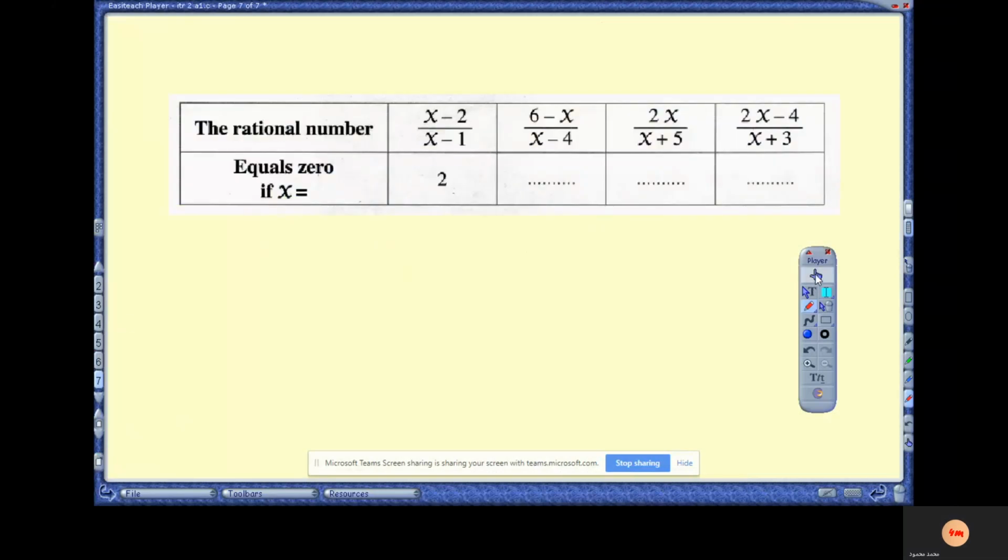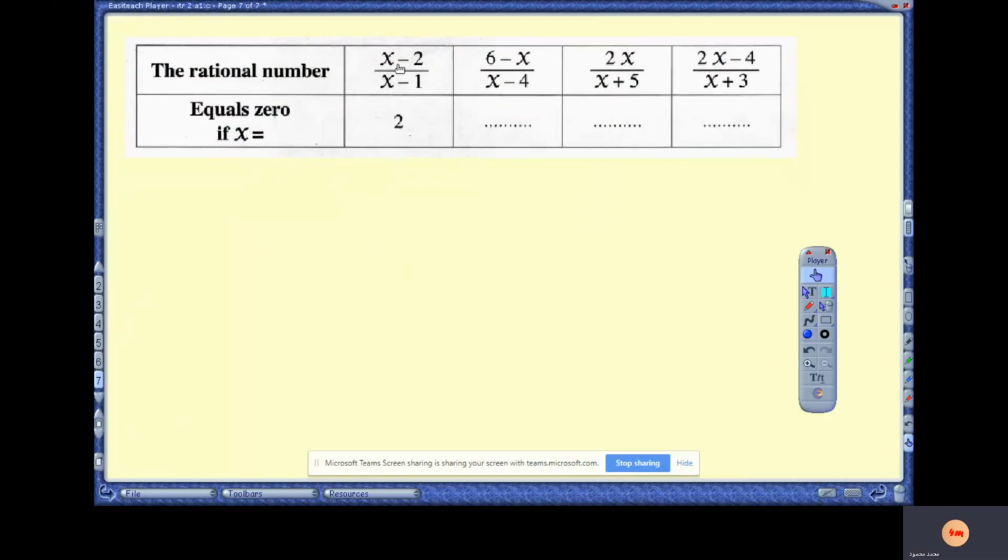And now, the rational number x minus 2 over x minus 1 equals 0. The rational number equals 0 if the numerator equals 0. So you will put x minus 2 equals 0, so you will get x equals 2.